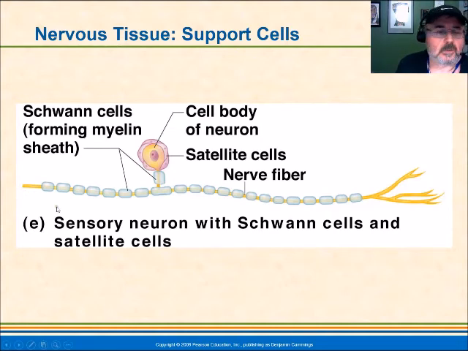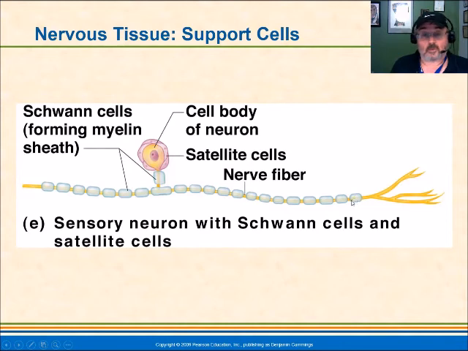That means that for a cell like that, we would have 100, 200 separate Schwann cells, which does come at a big expense to the body. There's a lot of energy in maintaining this.